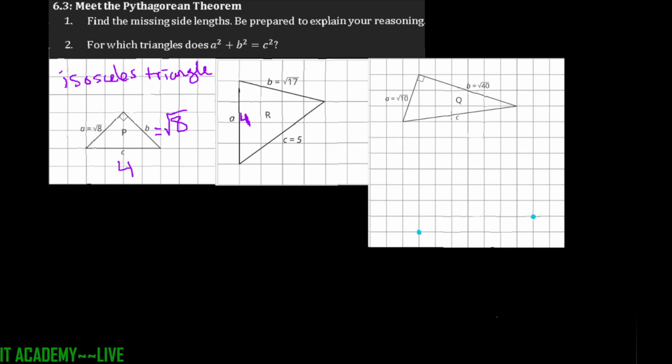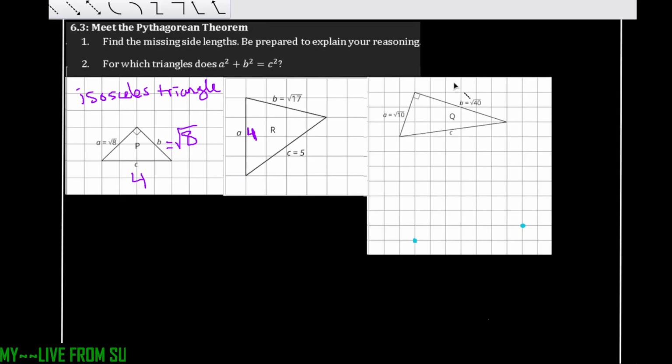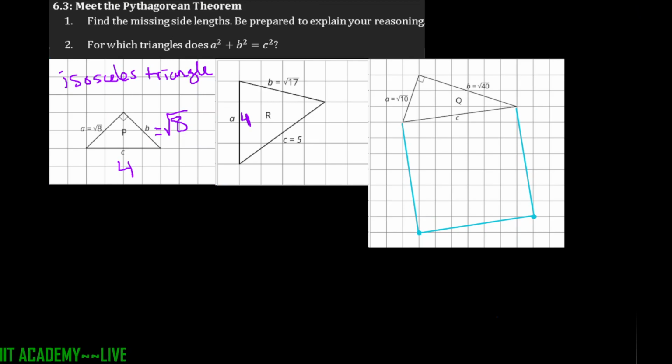That should give us those lines. Let me try drawing the straight lines like so. Okay, so we have our tilted square. And now we're saying, okay, draw the big square around it. So we have this big square around it. Just like we've been doing, find the area of the big square, find the area of the small triangles, and then take the difference of those two.